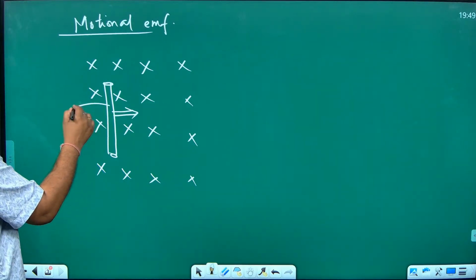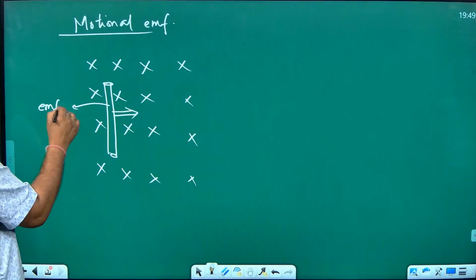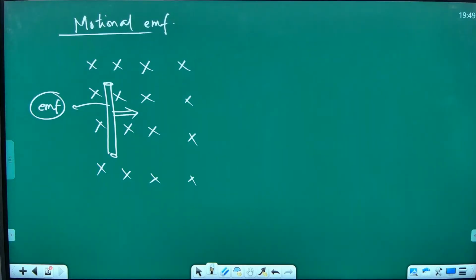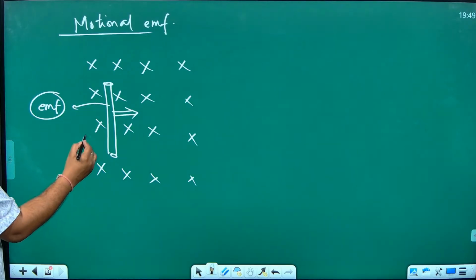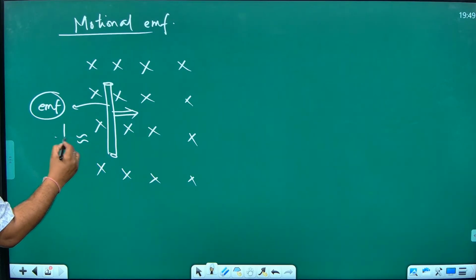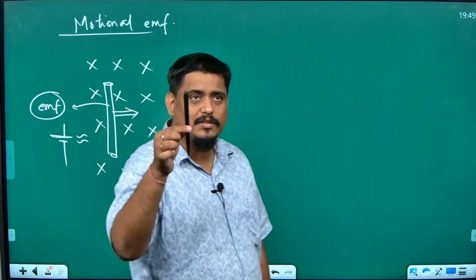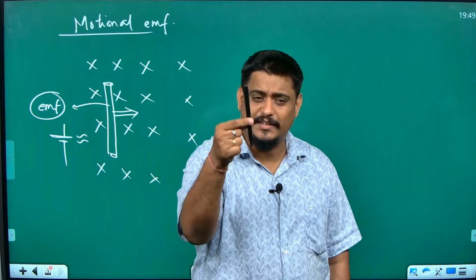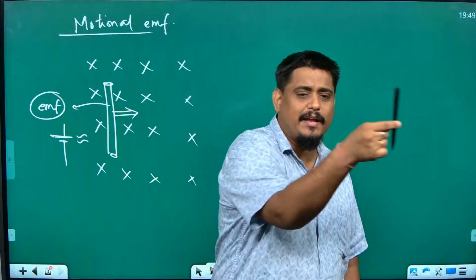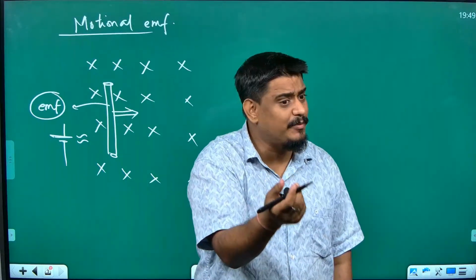It will have EMF generated across its ends. It means this will behave equivalent to a battery like this. So a rod, just a conducting rod, moving in a magnetic field behaves like a source of EMF.